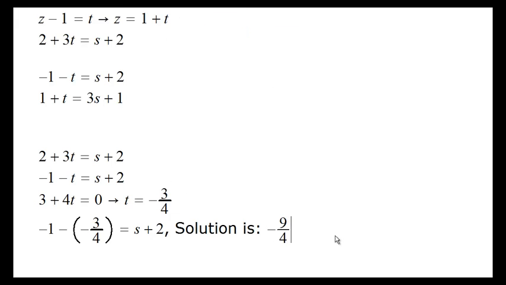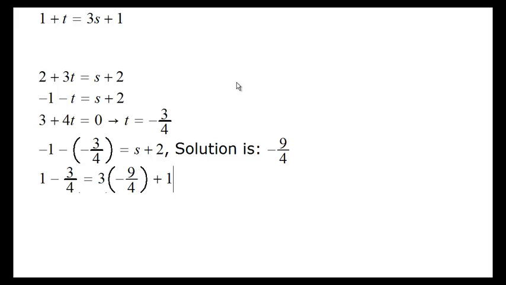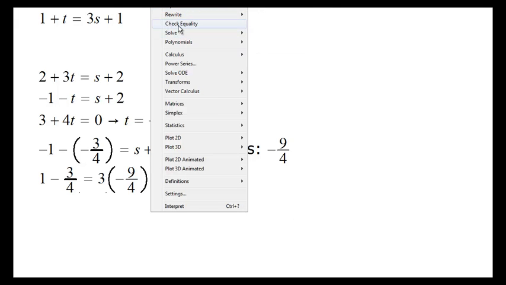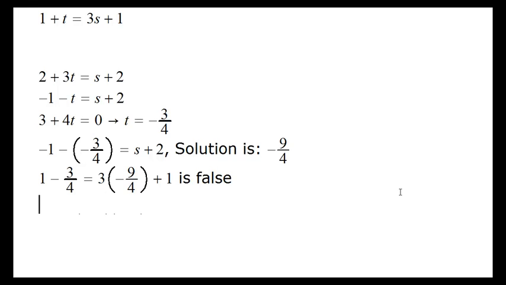So s is negative 9 over 4, and in order for the solution to exist, these two values should satisfy this third equation. Let's see if that works out or not. It doesn't look like this is going to match. You can check it. So these lines do not intersect.